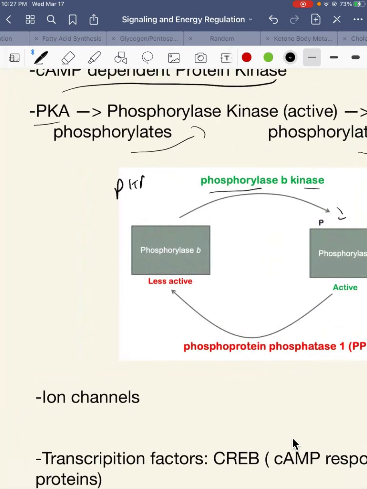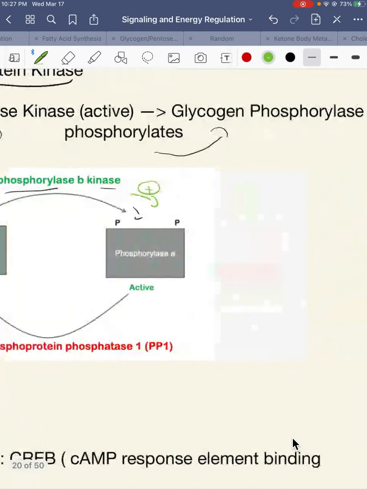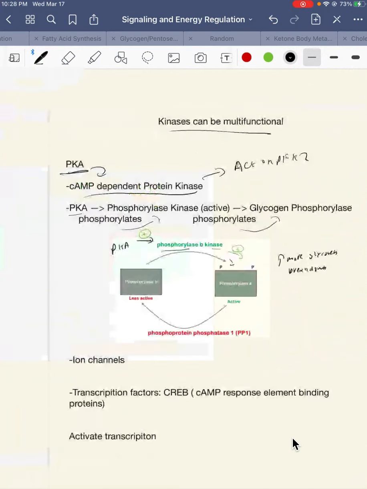So PKA activates the activator. Because it activates the activator, we get more glycogen breakdown. And this kind of makes sense, right? Because when we release glucagon, we're in a low energy state and we need to break things down somehow.